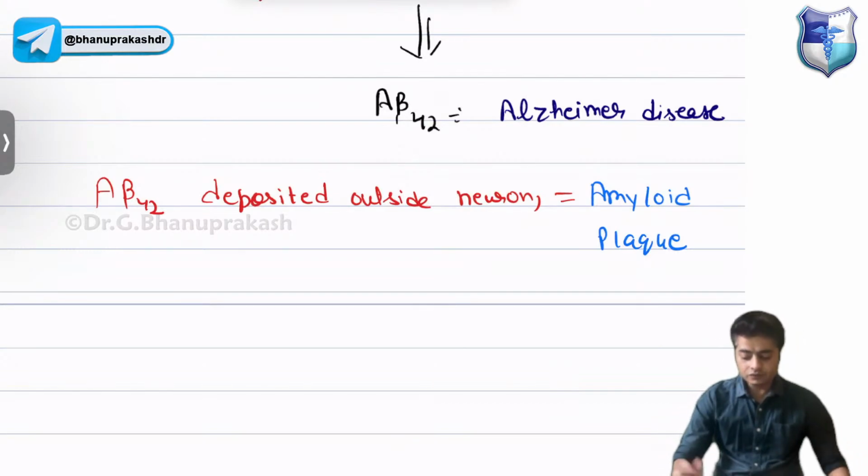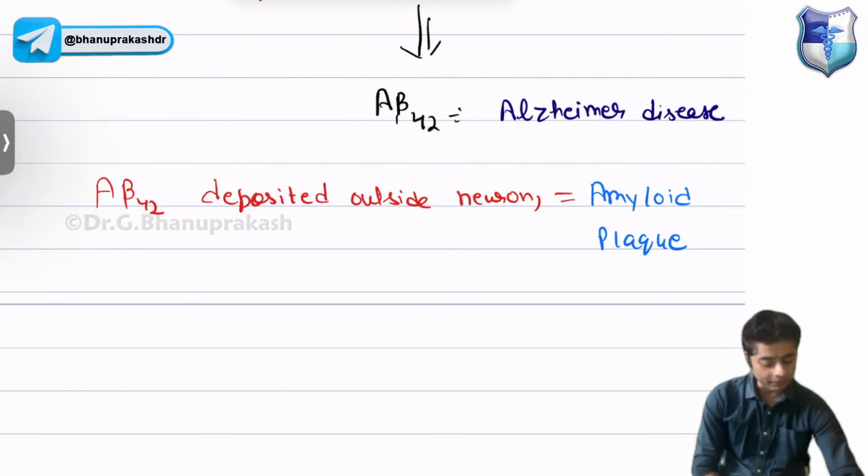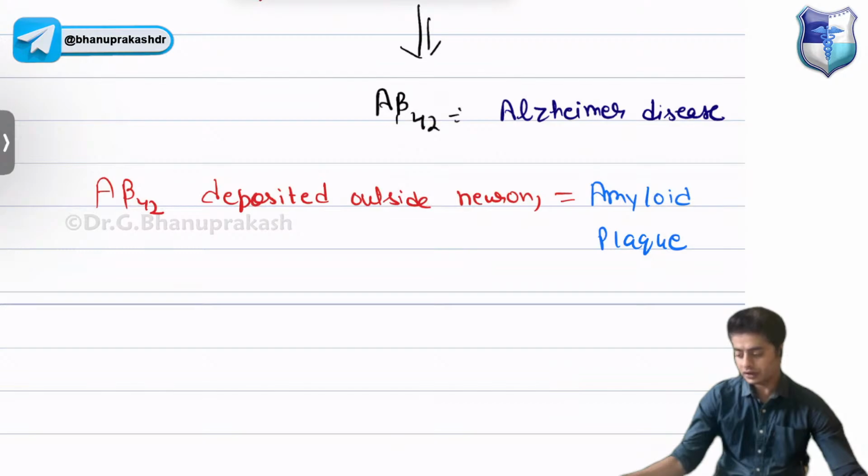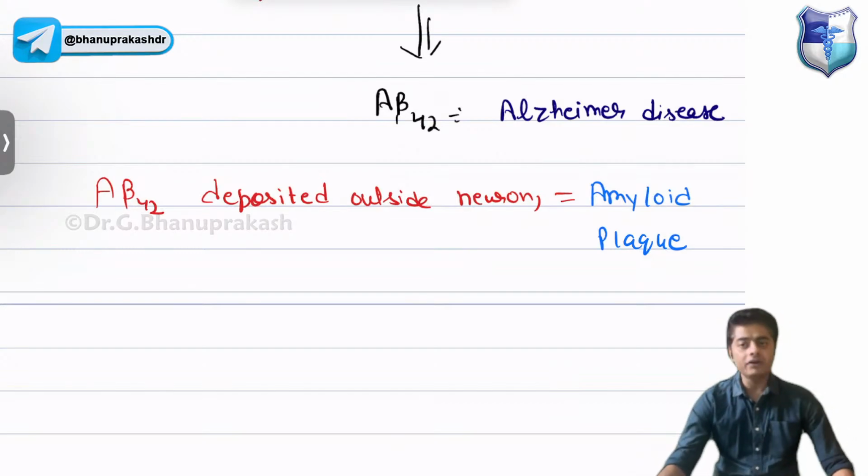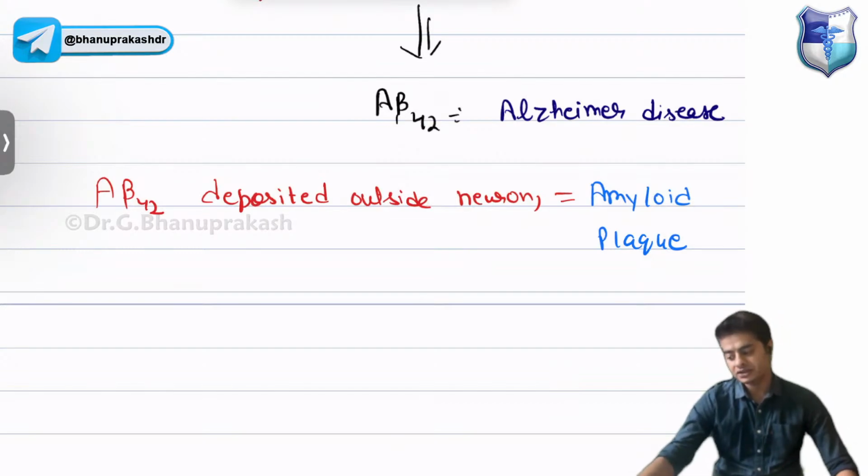Okay, so there is A beta 42 which is deposited outside your neuron, which is known as amyloid plaque. Okay, any doubt till here? Anyone having any doubt? Just tell me in the comment section.